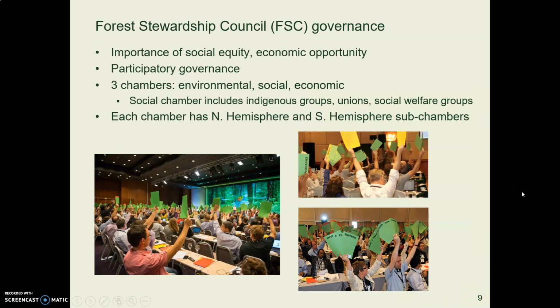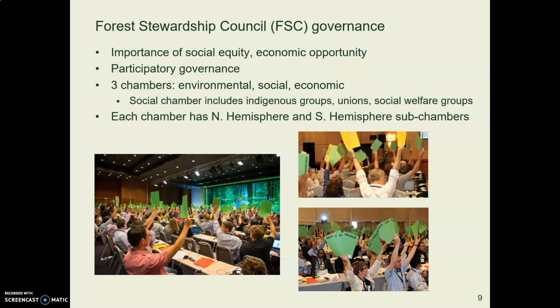An important part of FSC certification is these other two legs of the sustainability three pillars or triple bottom line: the social equity and economic opportunity piece. And to that end, a couple of things. First of all, participatory governance.